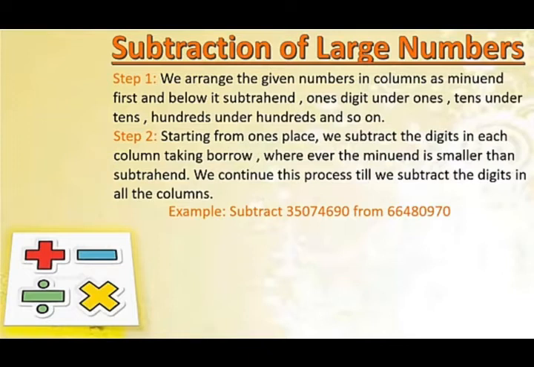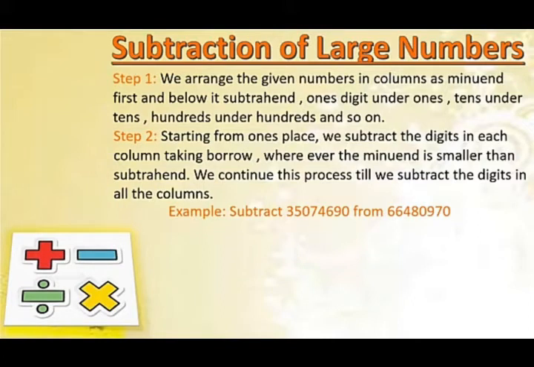Here children, I would like to tell you one important thing, that if the term from is used, then the second number is always larger, and while arranging it in vertical column, it will be arranged first. And if minus sign is used, for example 69 minus 25, then first number is always bigger and is arranged first.